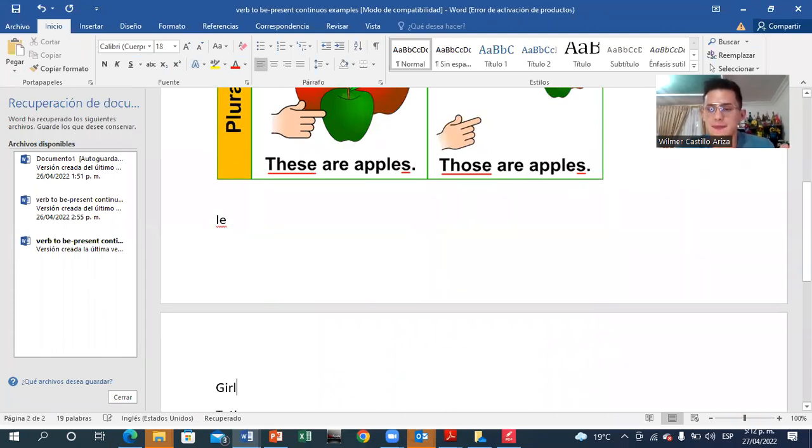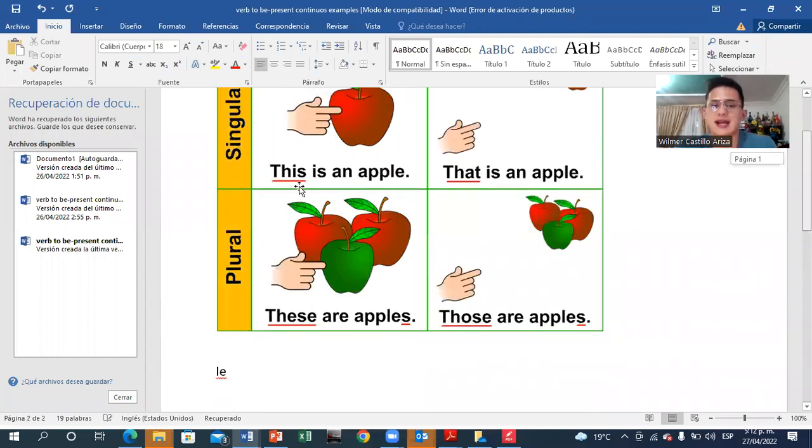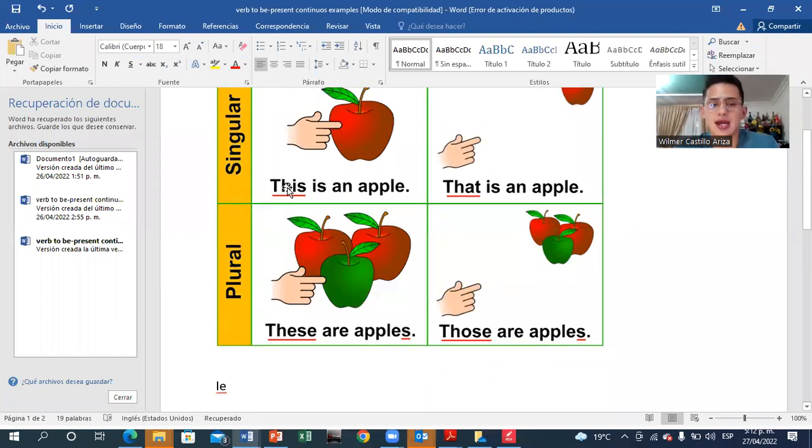Lo mismo pasa con este de acá. No es this, es this. This is an apple. Esta es una manzana. These are apples. So this is when we are talking about singular. For example, this is a cell phone. These are cell phones. This es cuando estamos hablando de uno.